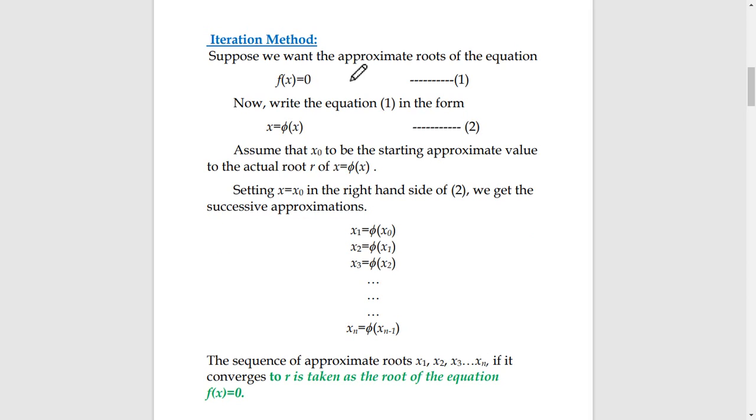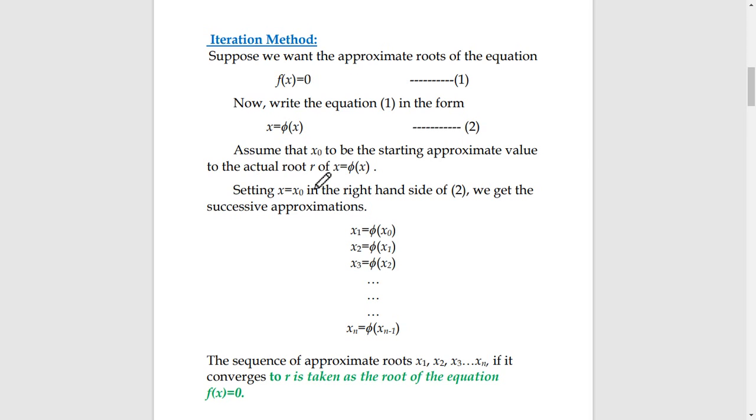Suppose we want to approximate the root of the equation f of x equal to 0. Now we are going to write this equation 1, that is f of x equal to 0, in the form of x equal to phi of x. Assuming x0 is the starting approximate value, we replace x by x0 in the RHS of 2, then we get the first iteration.